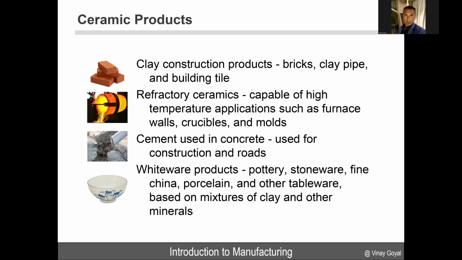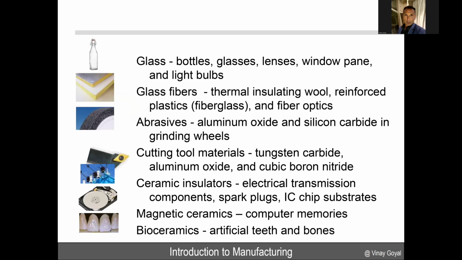We also have cement, which is used in concrete and for construction and roads. And then finally, we have whiteware products like pottery, stoneware, fine china, porcelain, and other tableware based on a mixture of clay and other minerals.